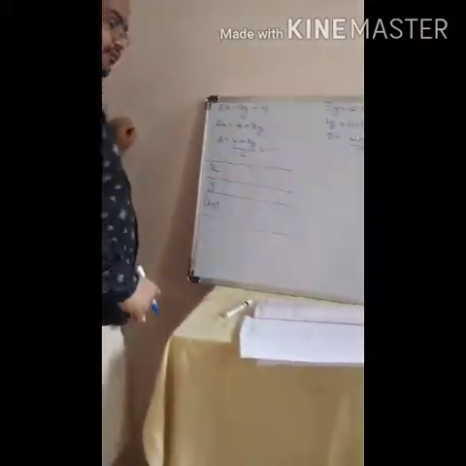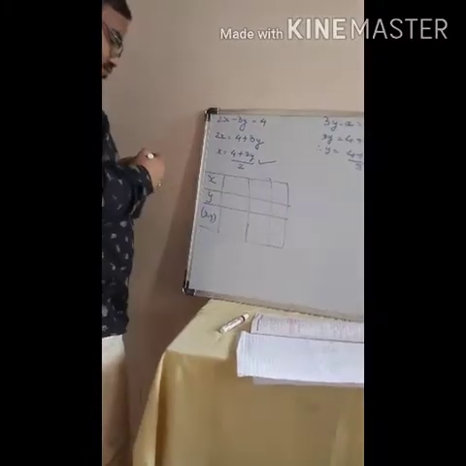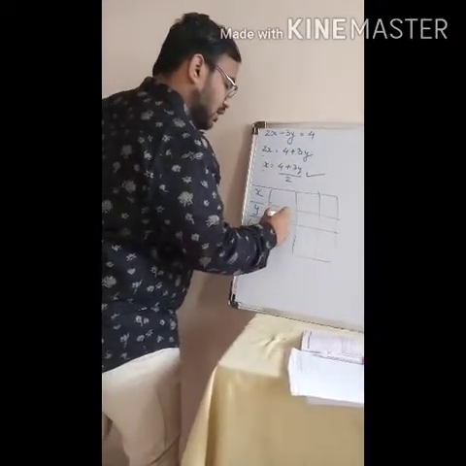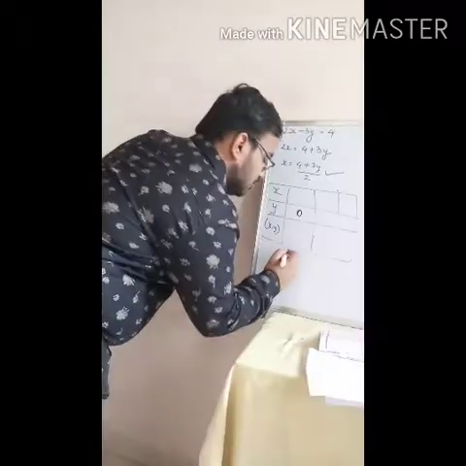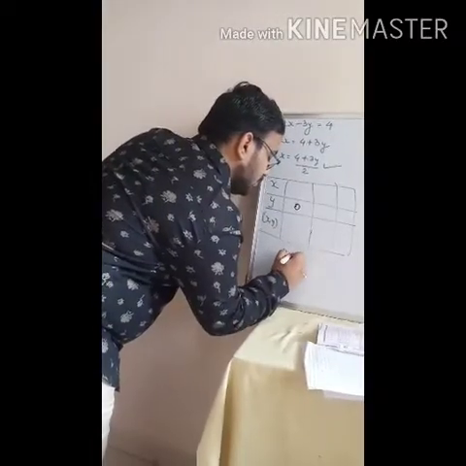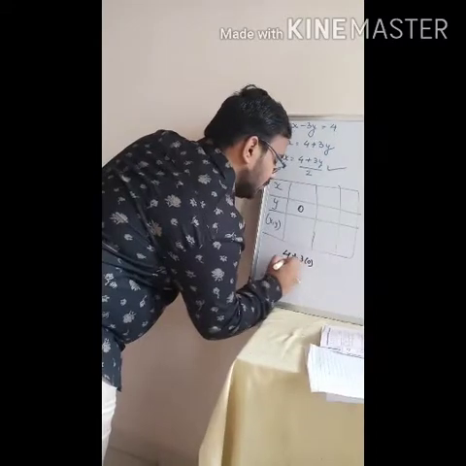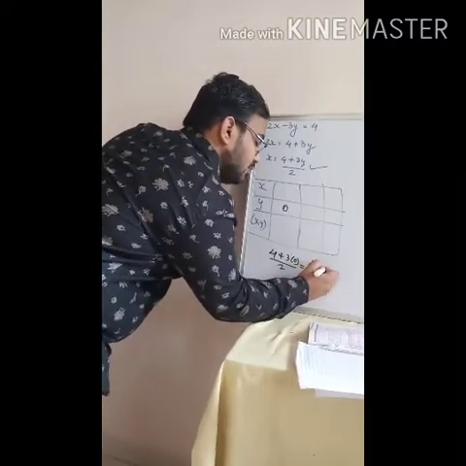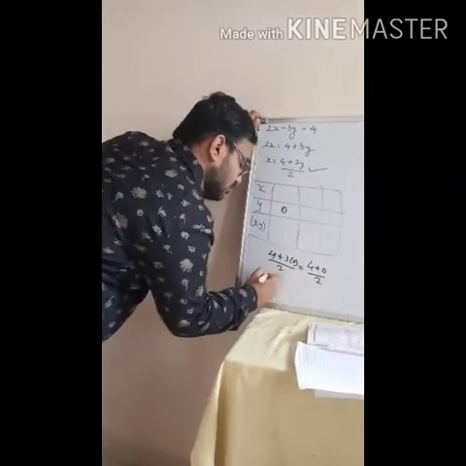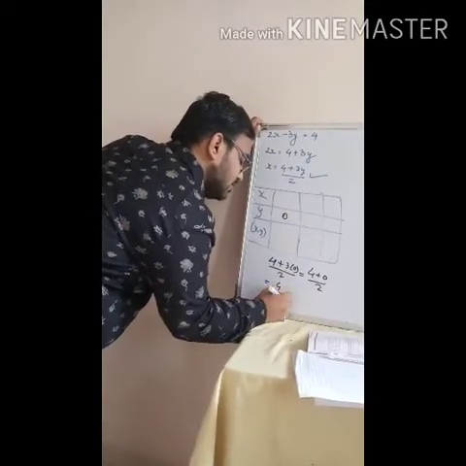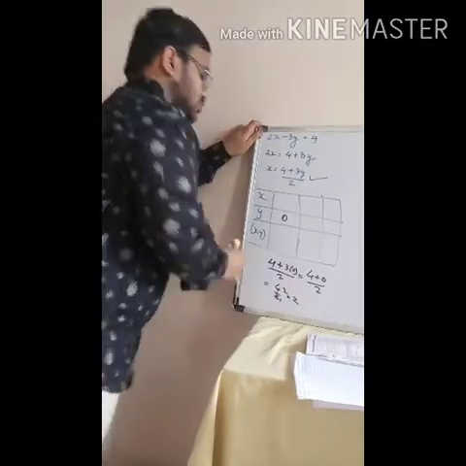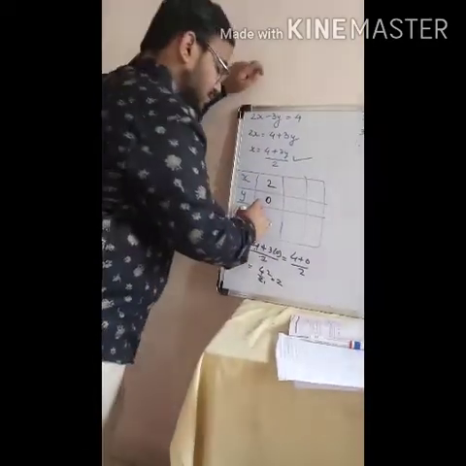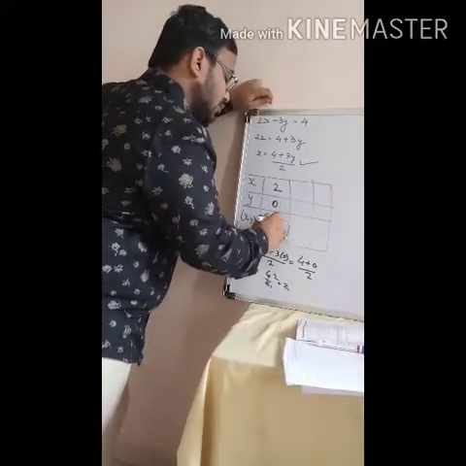So if you take y as 0, I will solve and show you. Here 4 plus 3 into 0 upon 2. That is equal to 4 plus 0 upon 2, so that is 4 upon 2, which equals 2. So x you will get as 2. Okay. So here (2, 0).